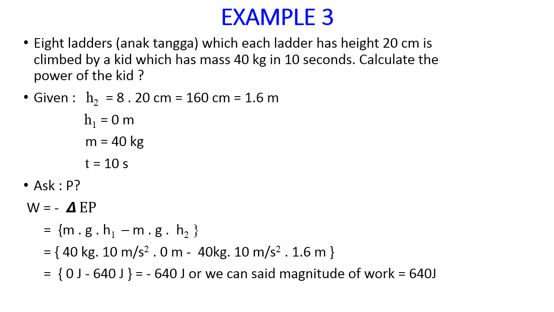The sign of minus means that the direction of force weight is downward and the direction of displacement is upward, or we can say the magnitude of work equals 640 joules. And to get the magnitude of power, power equals work over time equals 640 joules over 10 seconds equals 64 watts.